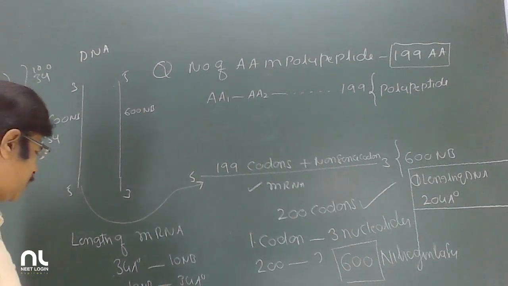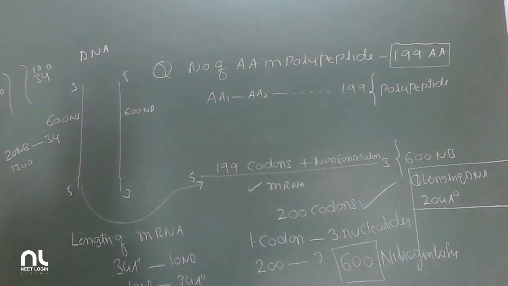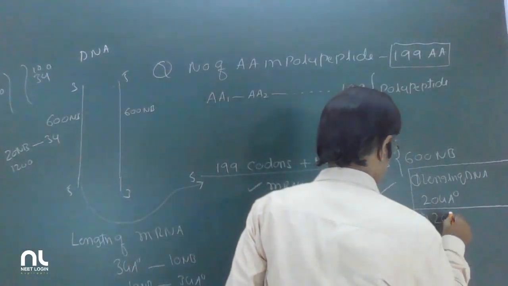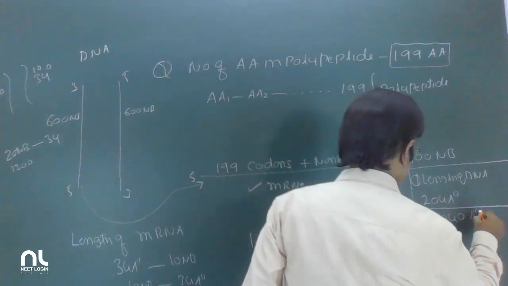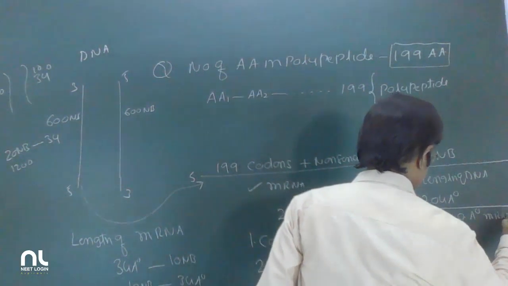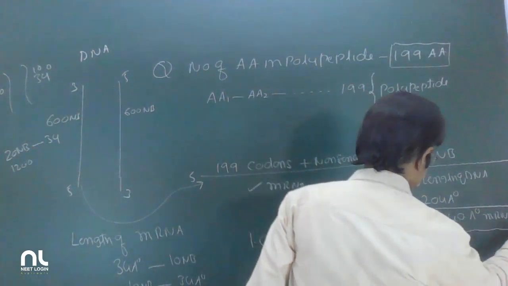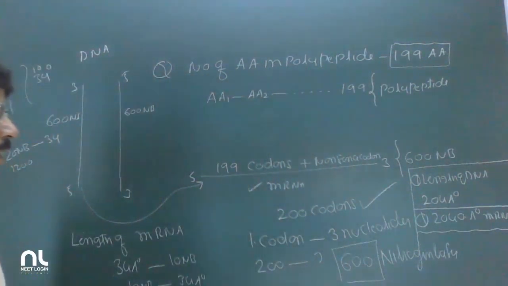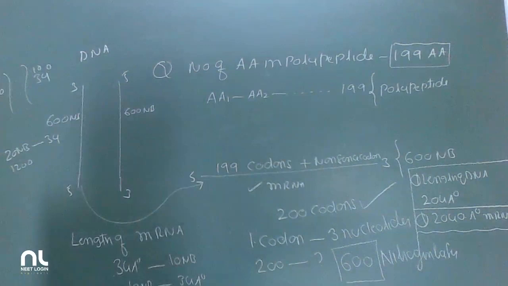So 600 into 34 by 10 gives 2040 angstroms, the length of the mRNA.